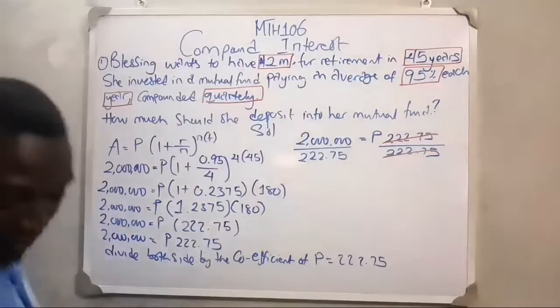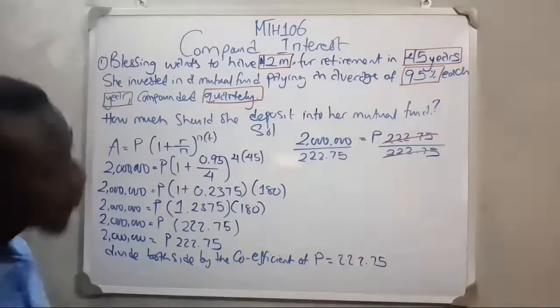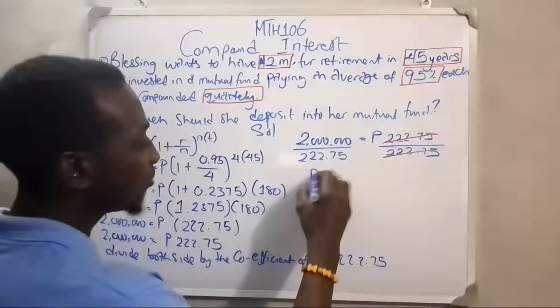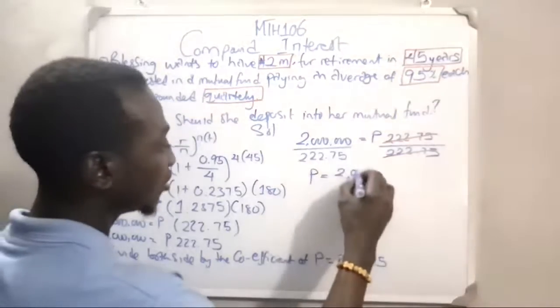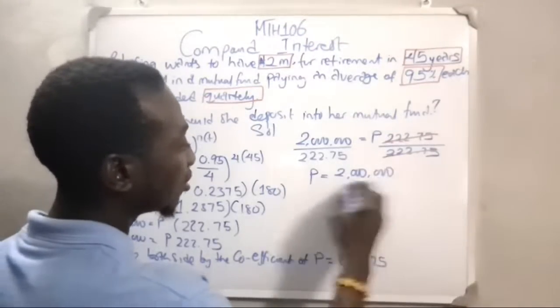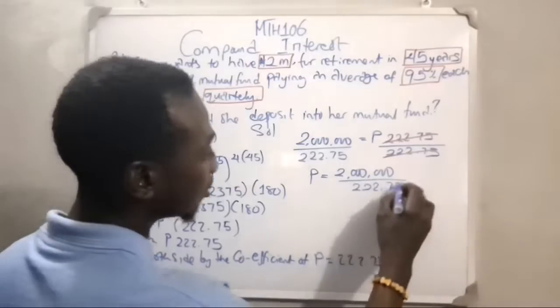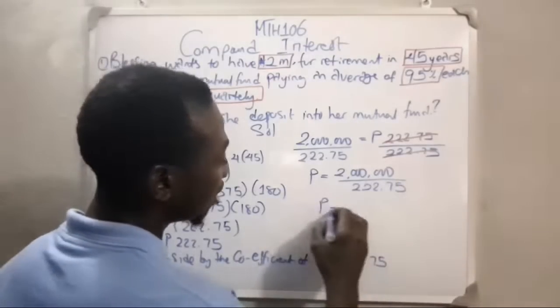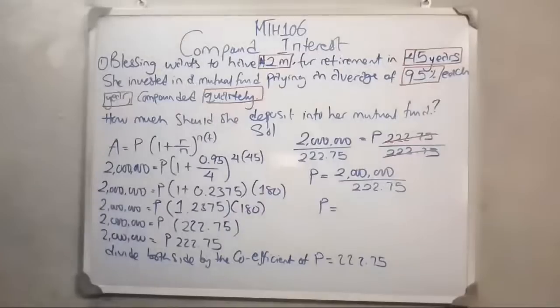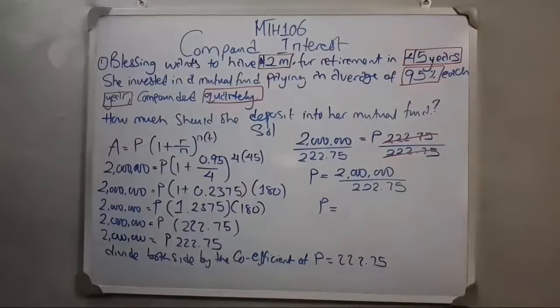Now we switch sides, so P now equals 2 million divided by 222.75.